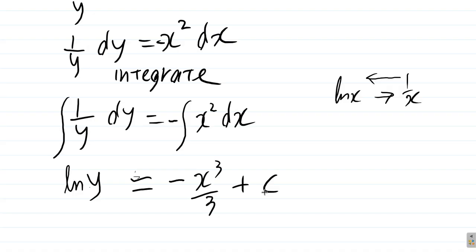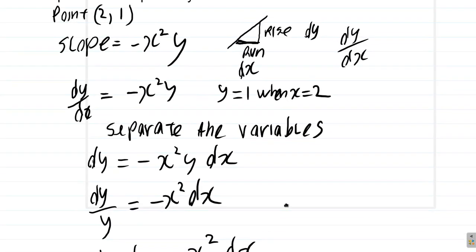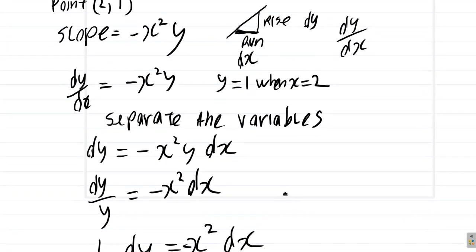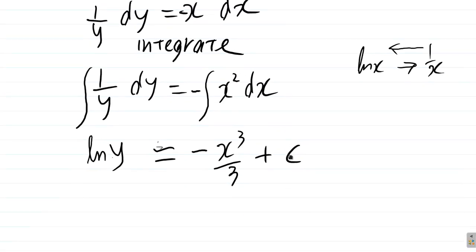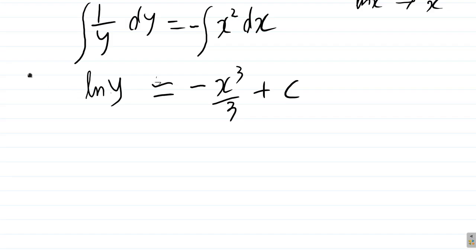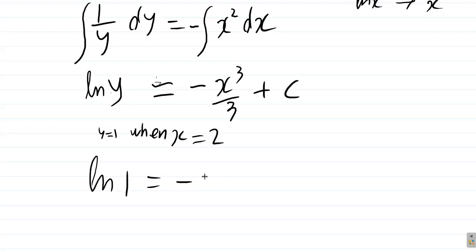Now, you want to find c. y equals 1 and x equals 2, so that will enable you to find c. So ln 1 is equal to negative 2 cubed over 3 plus c.